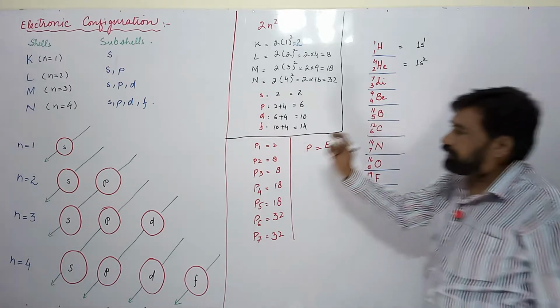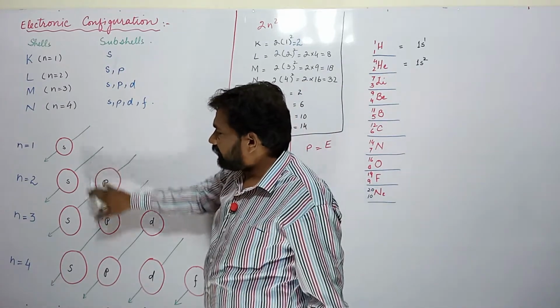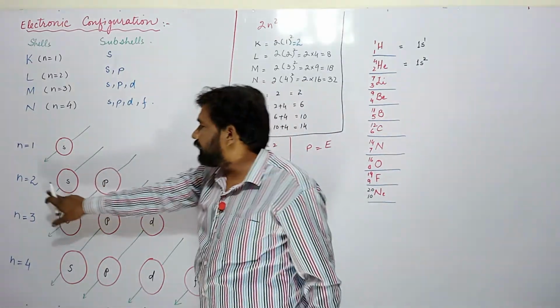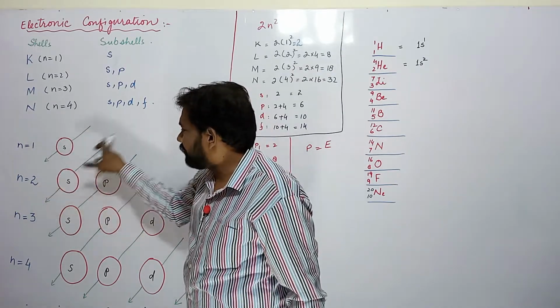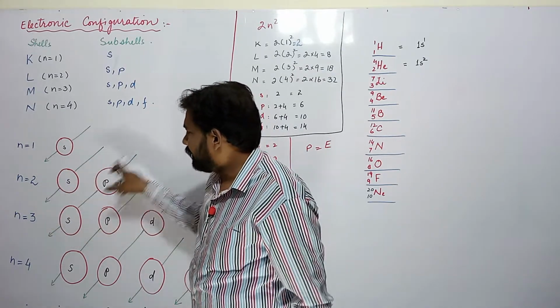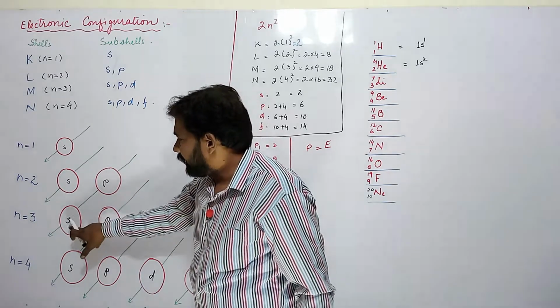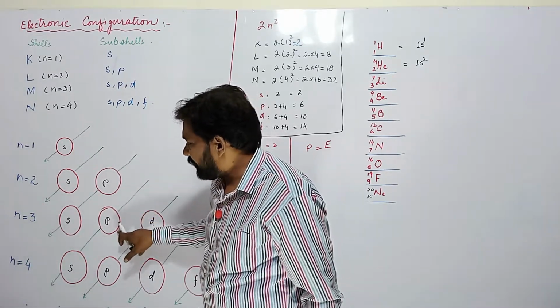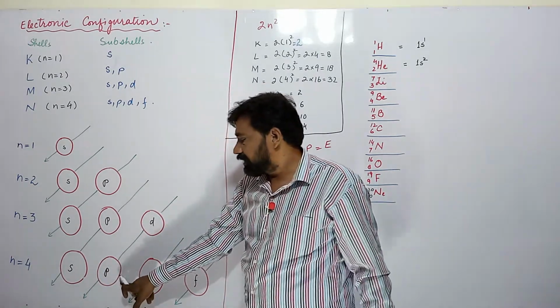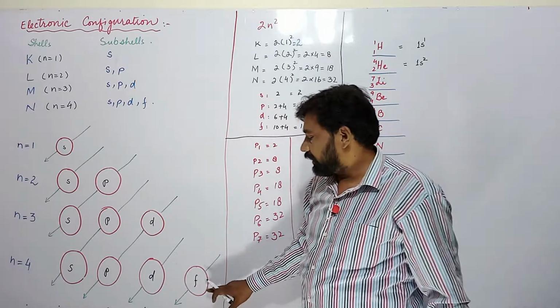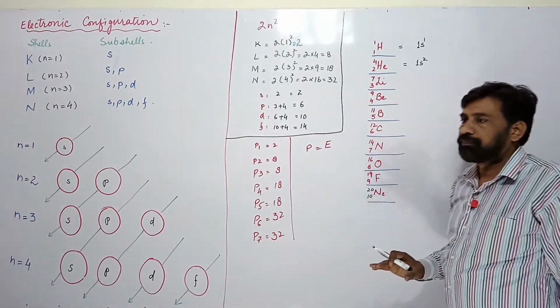Now 1s is completed. So after 1s, what is the next energy level? That is 2s, arrows here, then after that starting from here to here, then 2p and 3s, then 3p, 4s, then 3d, then 4p, 4d and 4f.